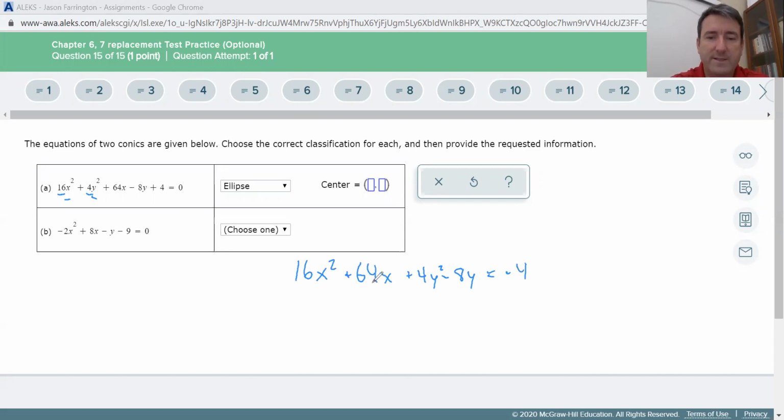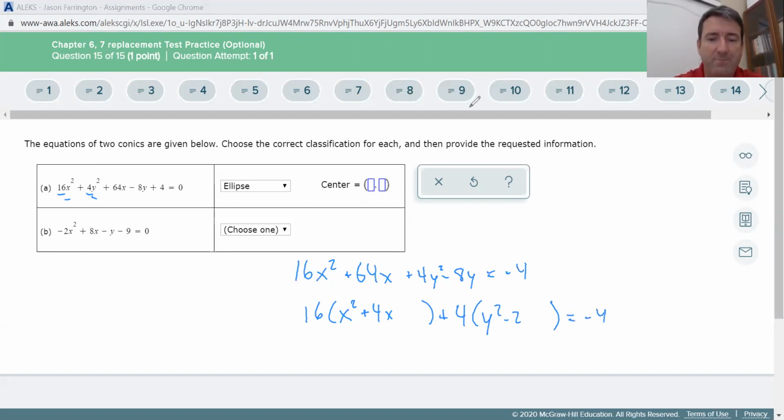All right, now let's factor out 16 here so that we just have x squared by itself. So this is 16 times x squared plus 64 divided by 16 is 4x, and then we'll leave room to complete the square, plus factor that 4 out, and we get y squared minus 2y, leave room to complete the square, is equal to -4.